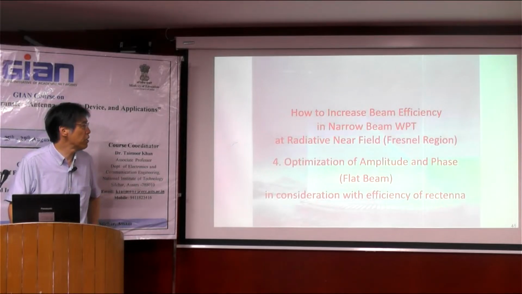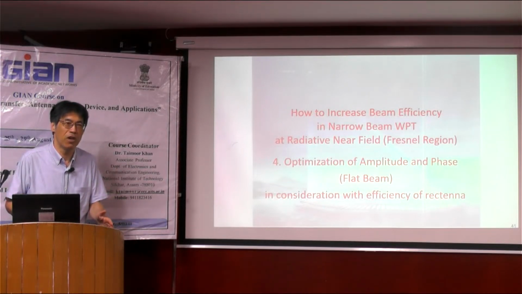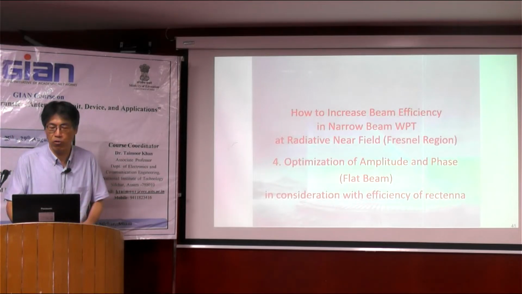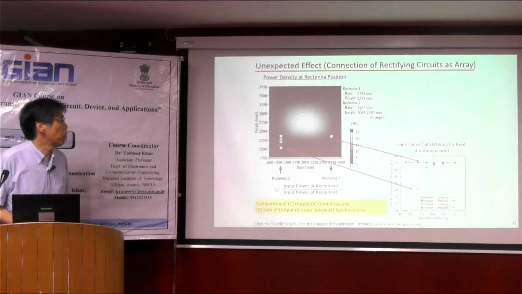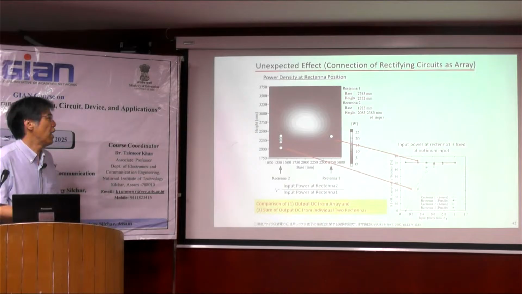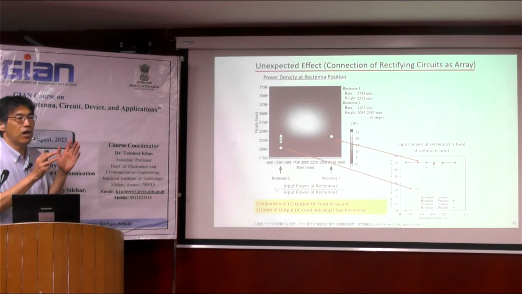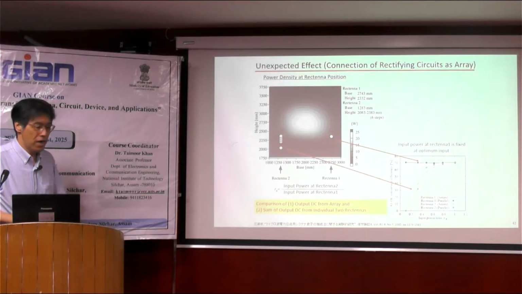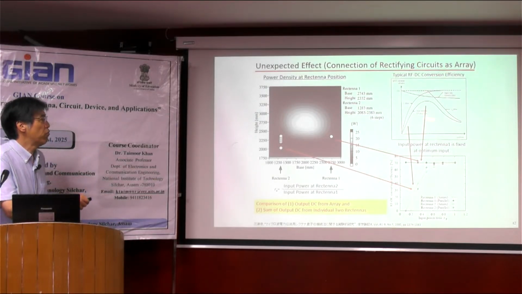And recently, we at Kyoto University consider not only how to increase the beam efficiency, but also how to increase the total efficiency from the electricity to the electricity via microwave. So when we consider the total efficiency, especially in the radiative near field, we have to consider this tapered beamform at the receiver and the rectenna characteristic.